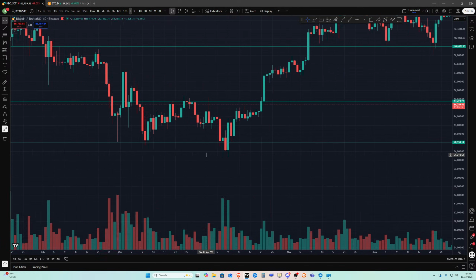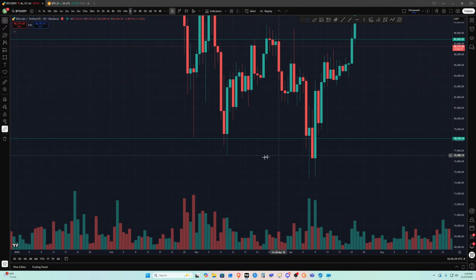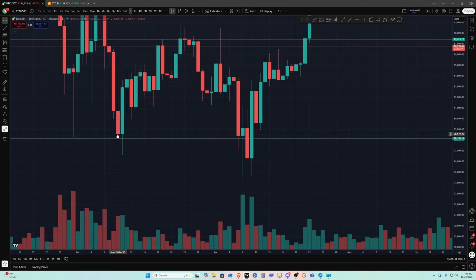Like here you have a close at 78.5. Here you have a close very close to it, especially because it wicked below and came up, and it wicked below and came above. So the fact that it wants to finish this candle in this range is a little bit of a hint before you even get here.